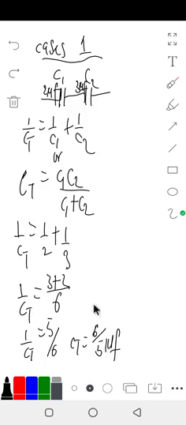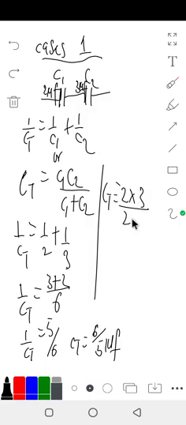Instead of using this formula, you can apply the second one. That means Ct equals C1, which is 2, times C2, which is 3, all over 2 plus 3. Ct equals 6 over 5 microfarad. That is case 1. Let's go to case 2.